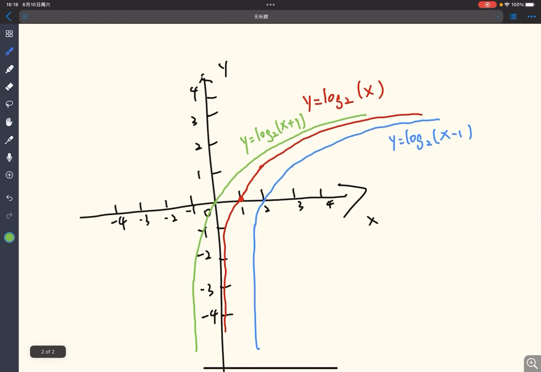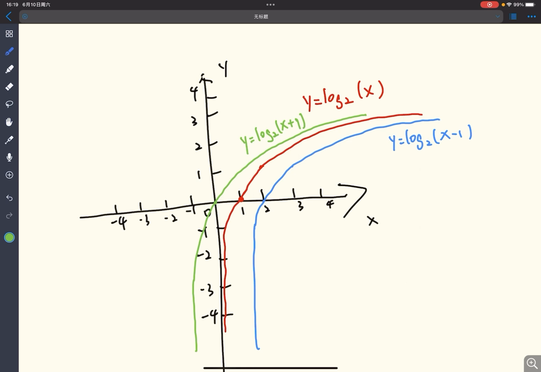A horizontal translation of a logarithmic function shifts the graph horizontally to the left or right. Suppose we have a logarithmic function f(x) equals log base b of x. If we replace x with x minus h, where h is a positive constant, the graph will shift h units to the right.